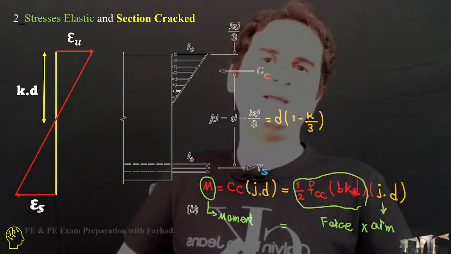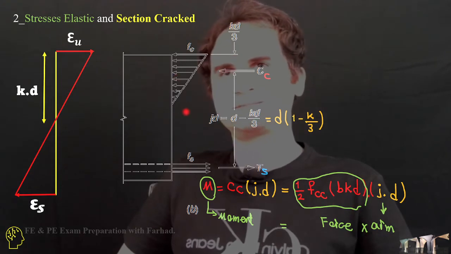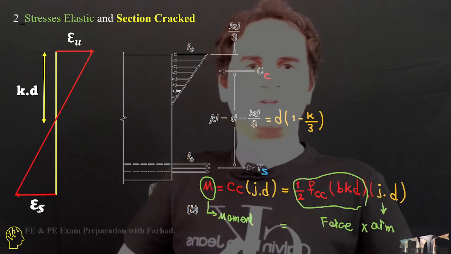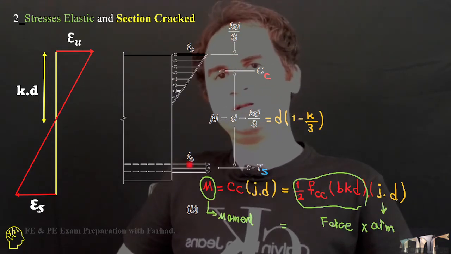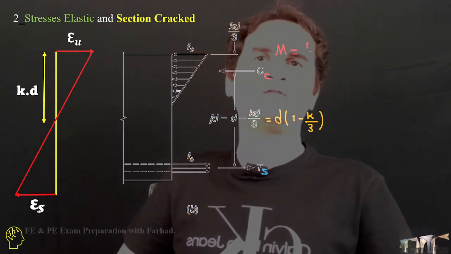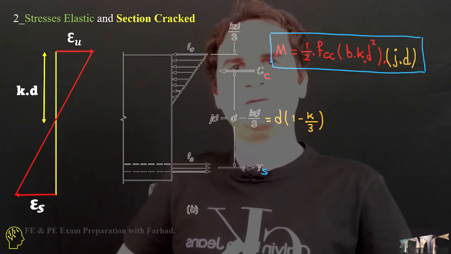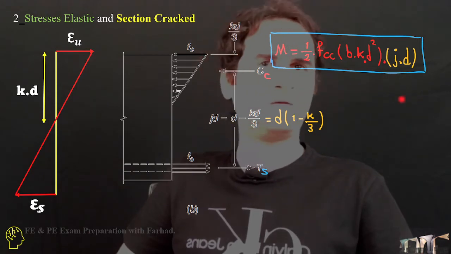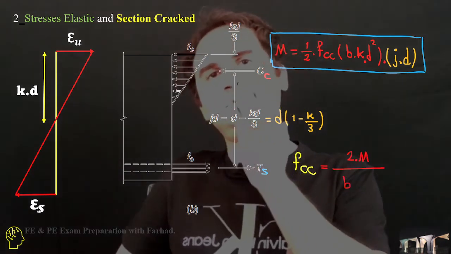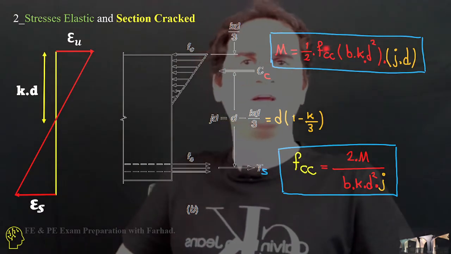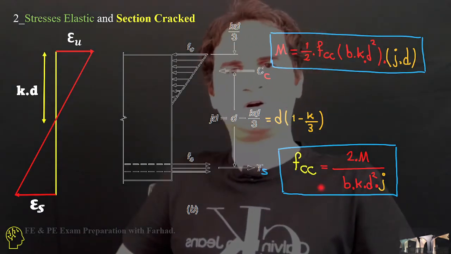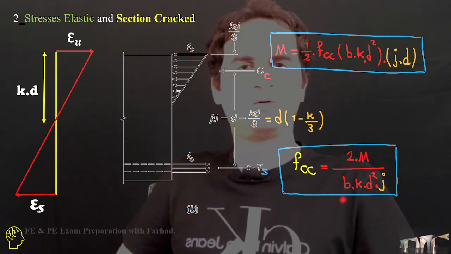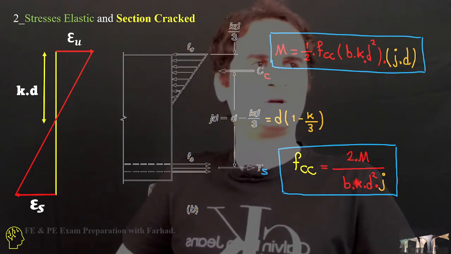Times jd, our arm, the moment is half of fc times b kd squared times jd. Solving for fc, the compressive stress in concrete is 2M over b kd squared times j.